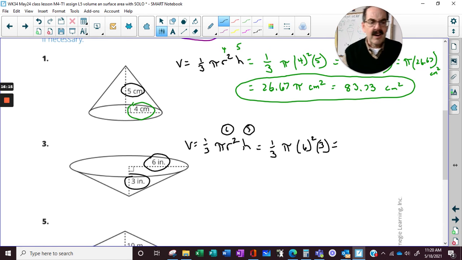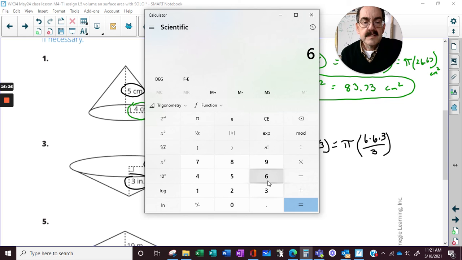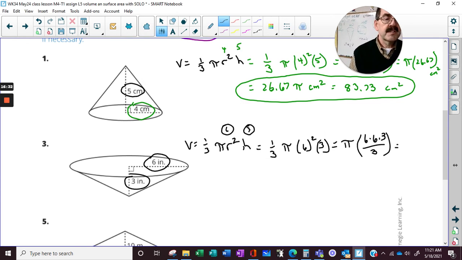When I write this out, I'm going to go pi 6 times 6 times 3 divided by 3. 6 times 6 times 3 divided by 3, 36 pi centimeters squared.